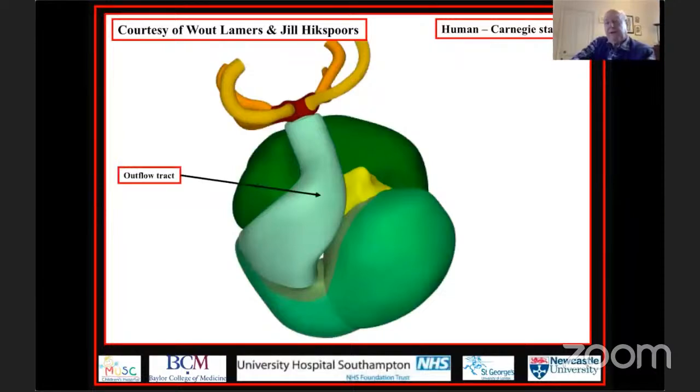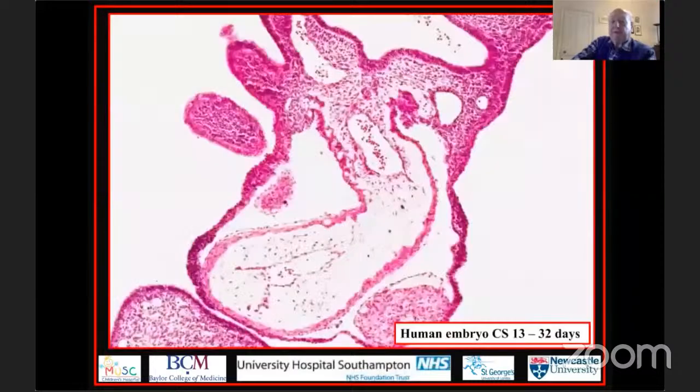This is when we have an outflow tract which has exclusively muscular walls, extending from the margins of the right ventricle to the margins of the pericardial cavity, where it becomes the aortic sac.